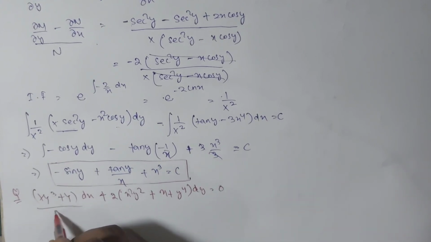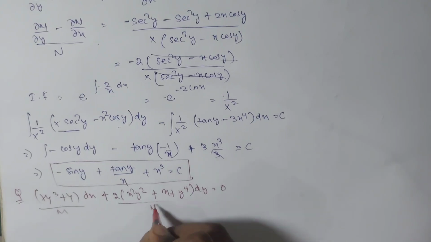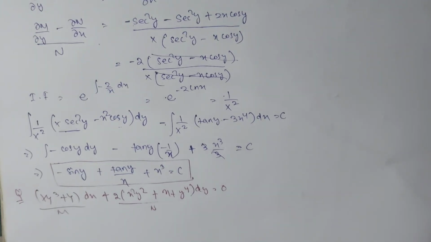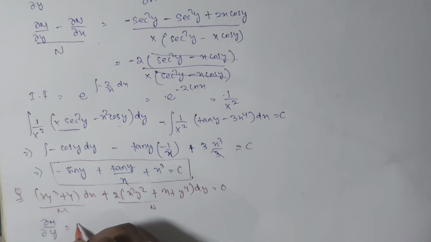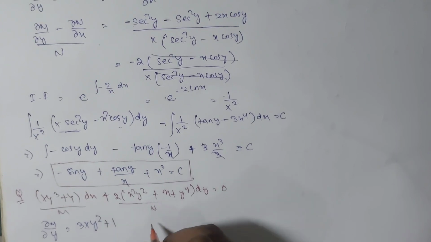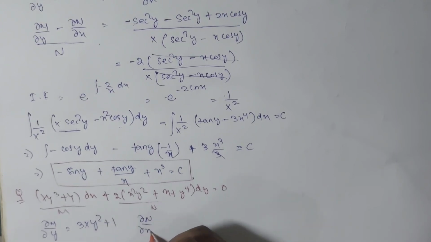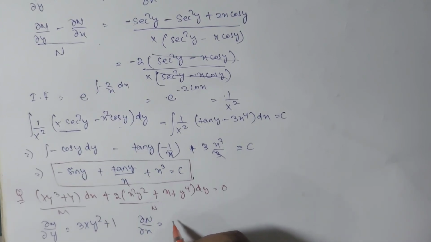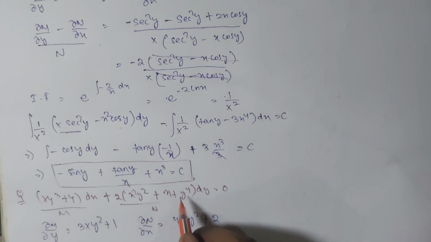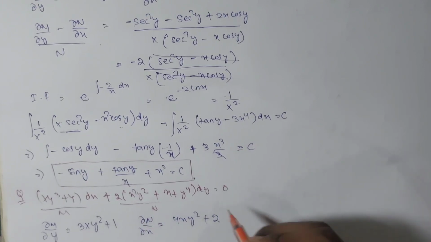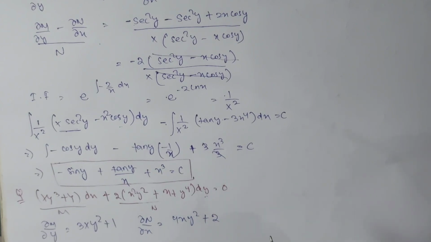Here we can see that this is M and this is N, and if we differentiate, del M by del y becomes 3xy square plus 1, and del N by del x becomes 4xy square plus 2. As we can see that del M by del y not equals to del N by del x, so this is not in exact differential equation form.